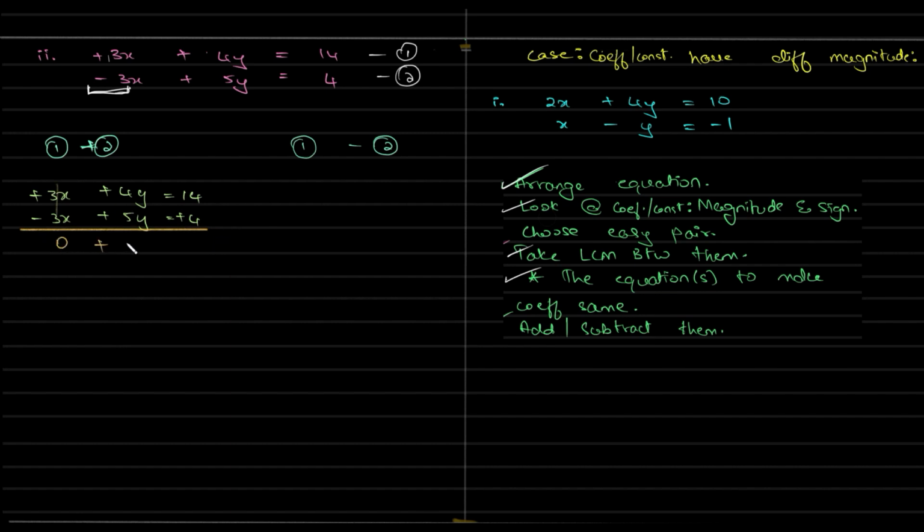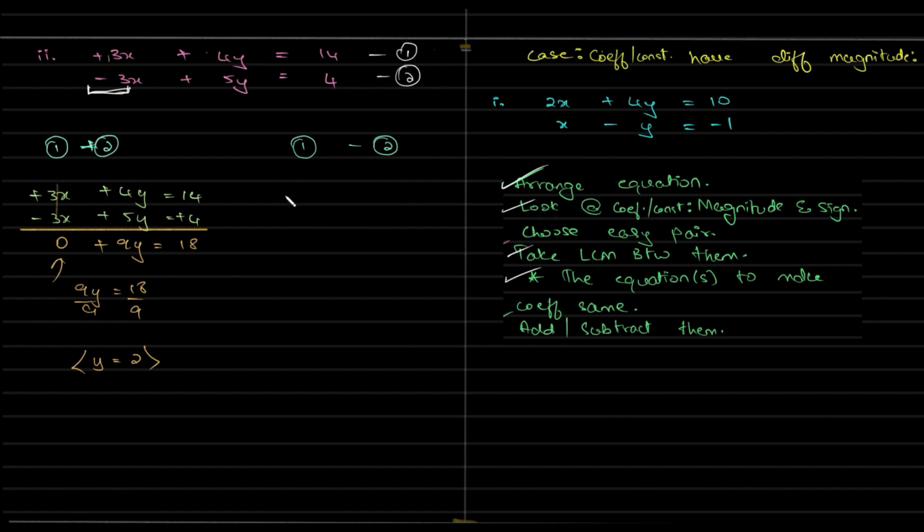We have 0, 9y, 18. 9y is equal to 18, divide by 9 on both sides. So y is equal to 2. Okay, we found the y value. Right, the point was to eliminate one of the variables, thus getting an expression for just the other variable. And when we get an equation for the other variable only, then you can find that value, is it not? It's quite simple. So here we were able to do it.